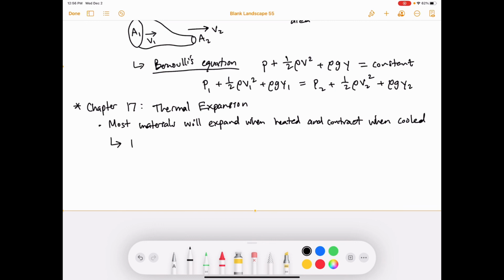So if we start with linear expansion, we're talking about the change in length, or delta L, of an object, which would be L minus L naught. So the final length minus the initial length. This is equal to alpha times L naught times delta T. So here, let's label all of these terms. L, that's the final length.